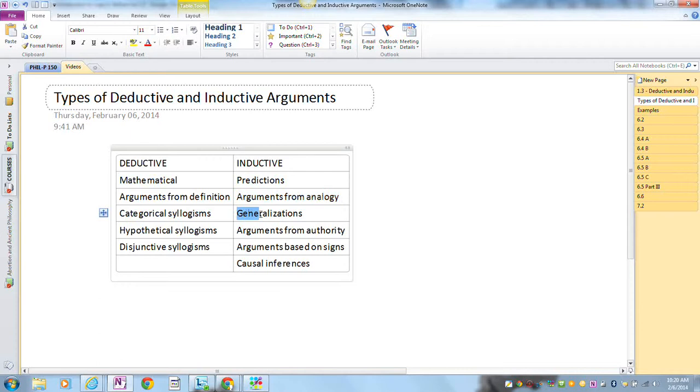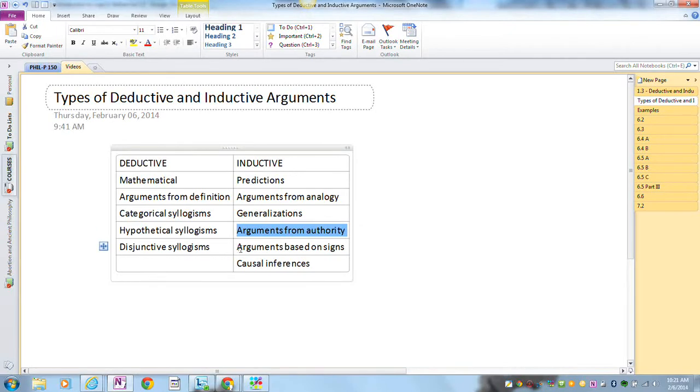When you generalize, you have a few cases of a certain sort, and you generalize that all cases of that kind will display a certain feature, that is inductive reasoning. When you're relying on somebody's knowledge, expertise, or authority, it's an inductive argument. Even the most experienced person may go wrong. So if you rely on an authority, you only establish the conclusion with some degree of probability, not with certainty.